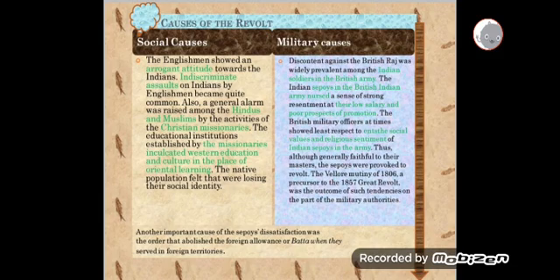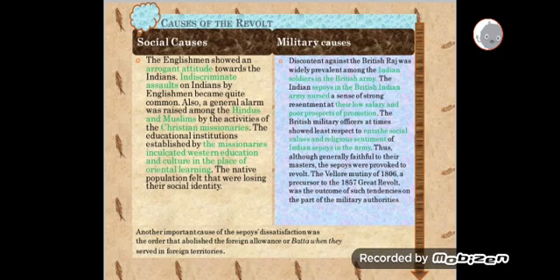Also, a general awareness was raised among the Hindus and Muslims by the activities of the Christian missionaries. The educational institutes established by the missionaries included Western education and culture in place of original learning. The native population felt that they were losing their social identity.